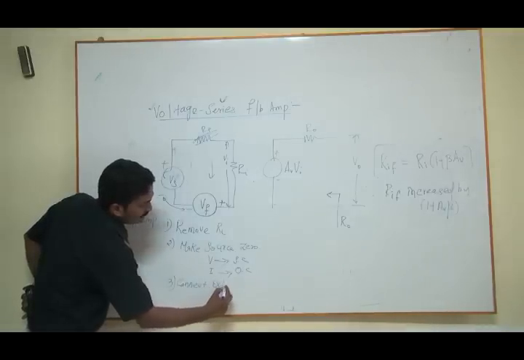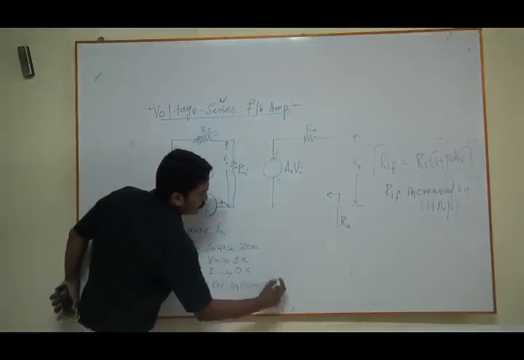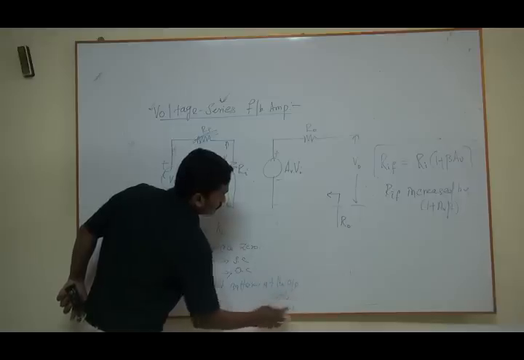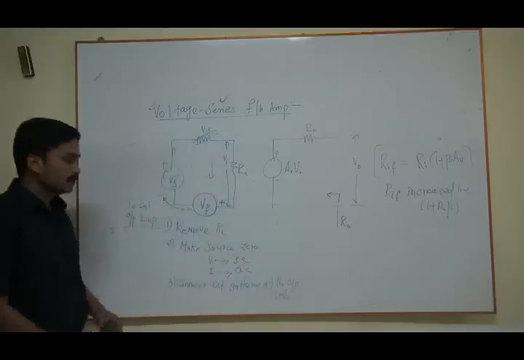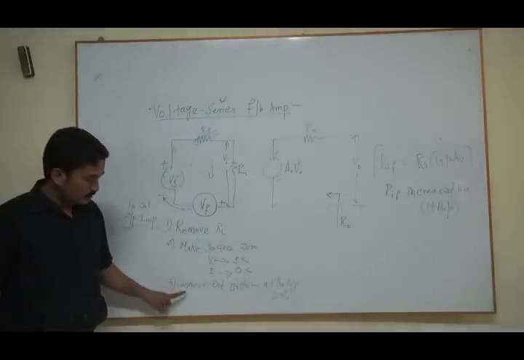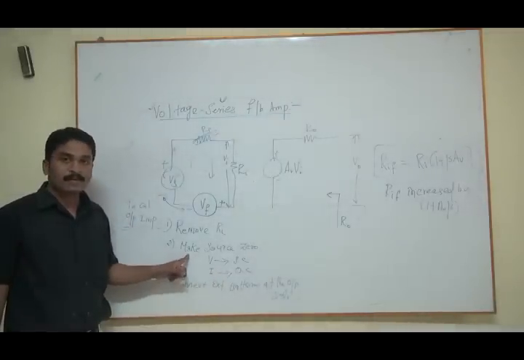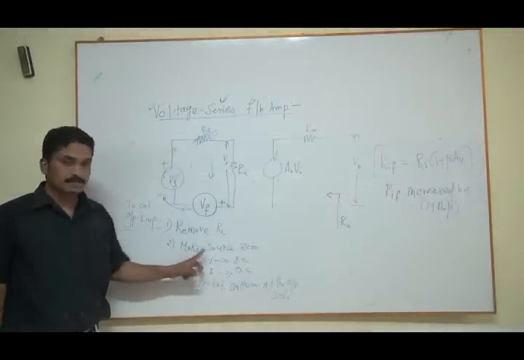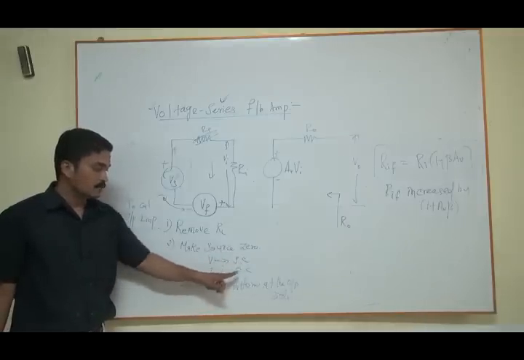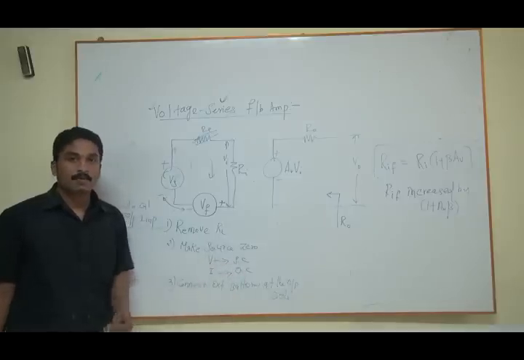one external battery at the output side. Right? To calculate the output impedance, remove RL, and at that location include the external battery, some V0, and make the input side source 0. If it is a voltage source, make it a short circuit, and if it is a current source, make it an open circuit.